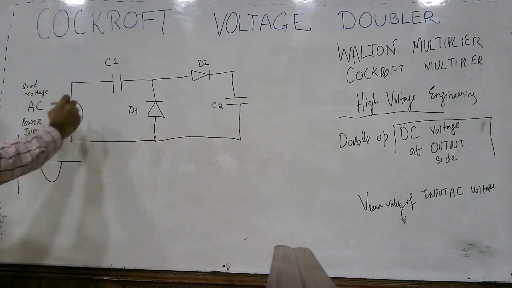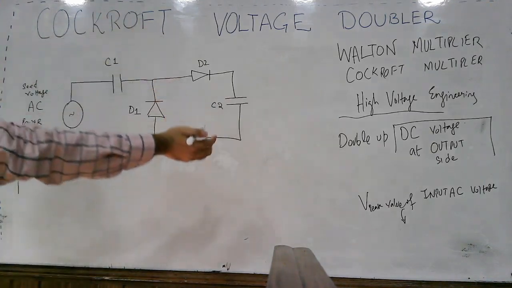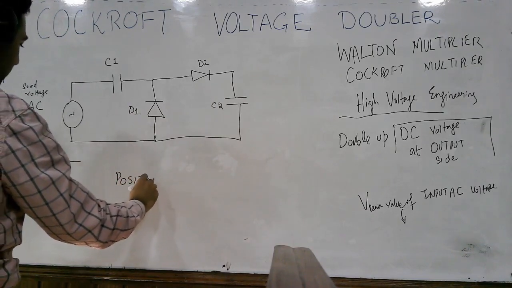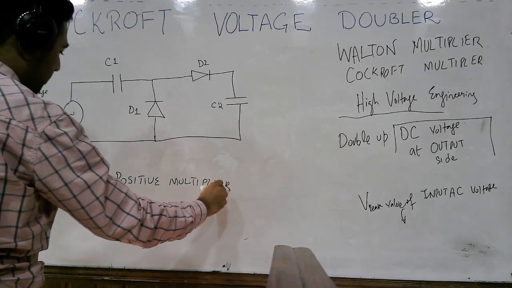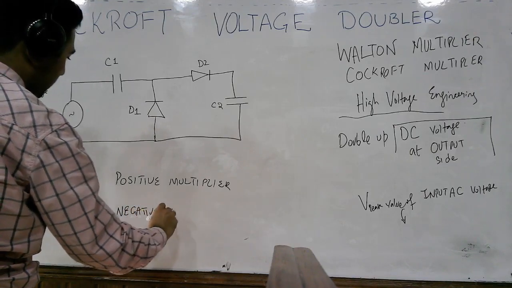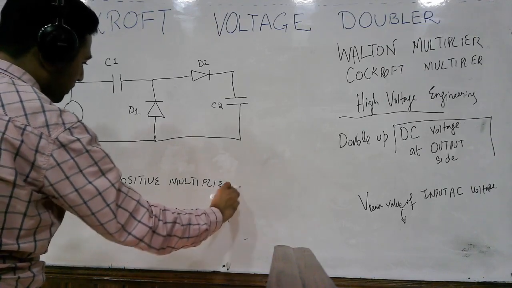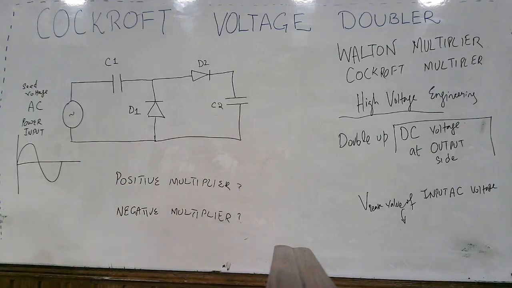There are two types of Cockcroft voltage doubler circuit: either it can be a positive multiplier, or it can be a negative multiplier. Now what does it mean, the positive multiplier or negative multiplier? So this is a circuit, and this is an input AC voltage.